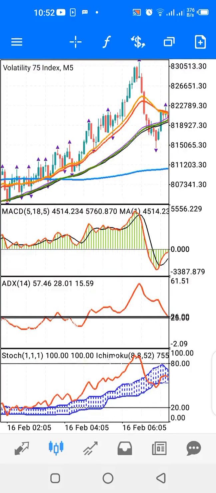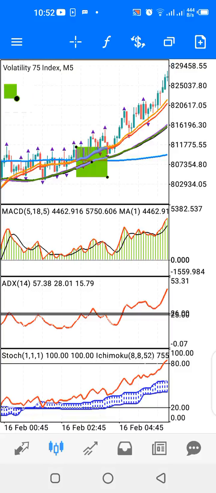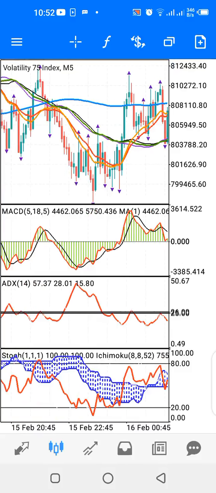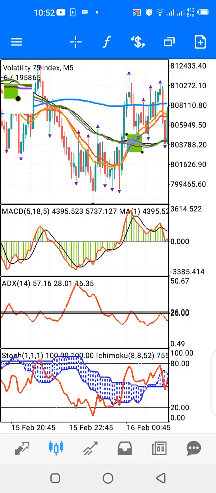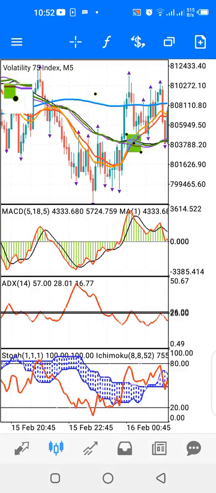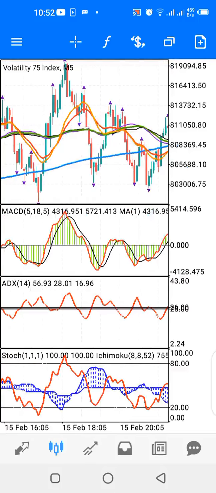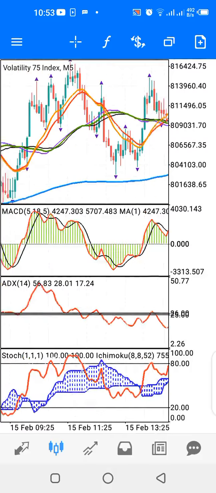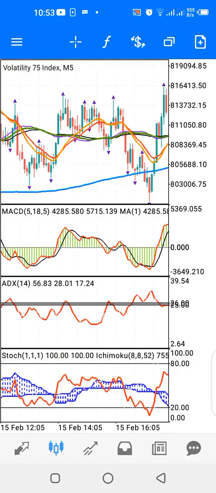So it's a trend change to bullish trend. Now this is a buy signal in a bearish trend as the blue line is above. Whenever the blue line is above all other lines, you are in a bearish trend. If the blue line is below, you are in a bullish trend. So that's how you use the main chart.